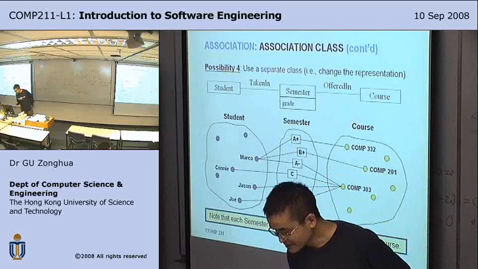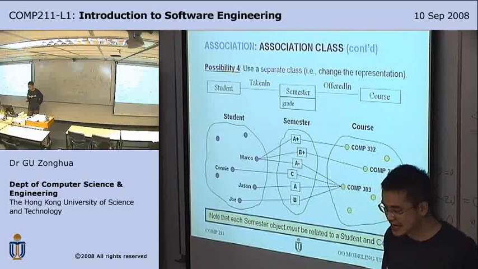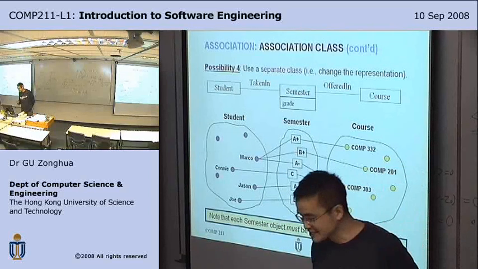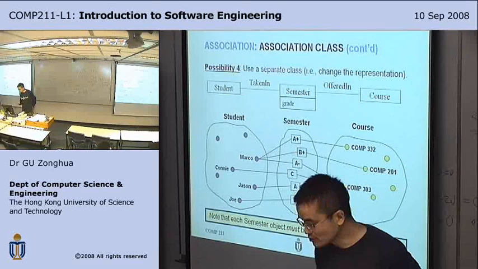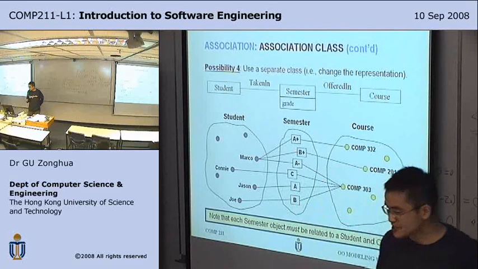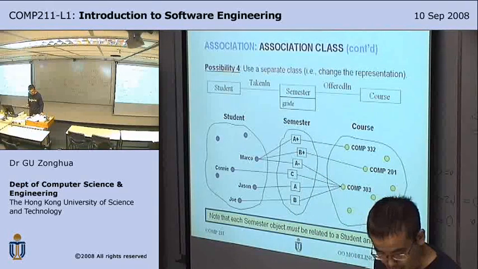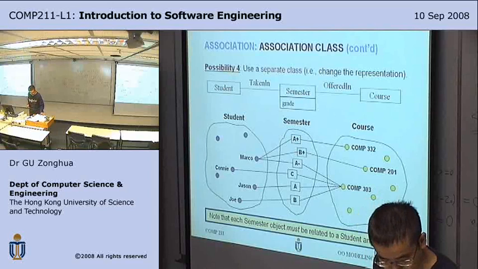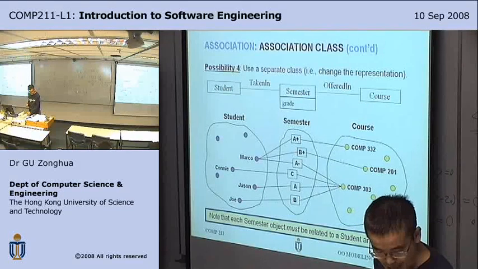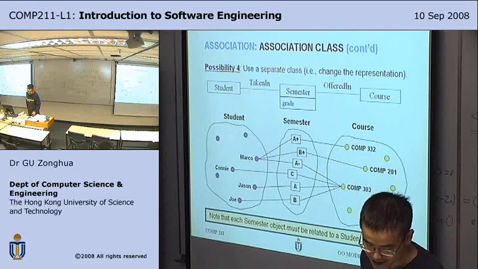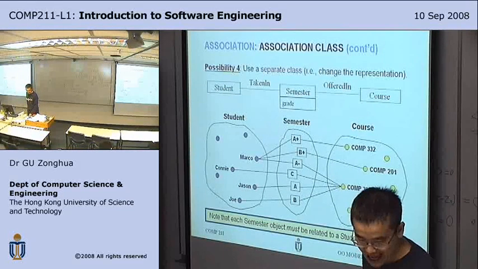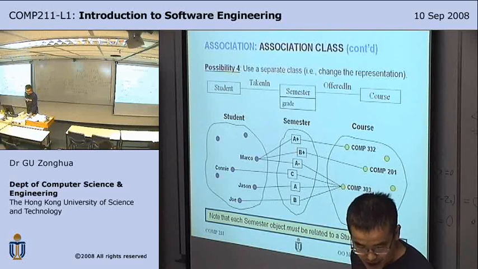The benefit of this is that now you can associate multiple grades to each student-course pair. So why do you want to do that? It is because a student may take a course and fail it, and then he may take it again in the next semester.